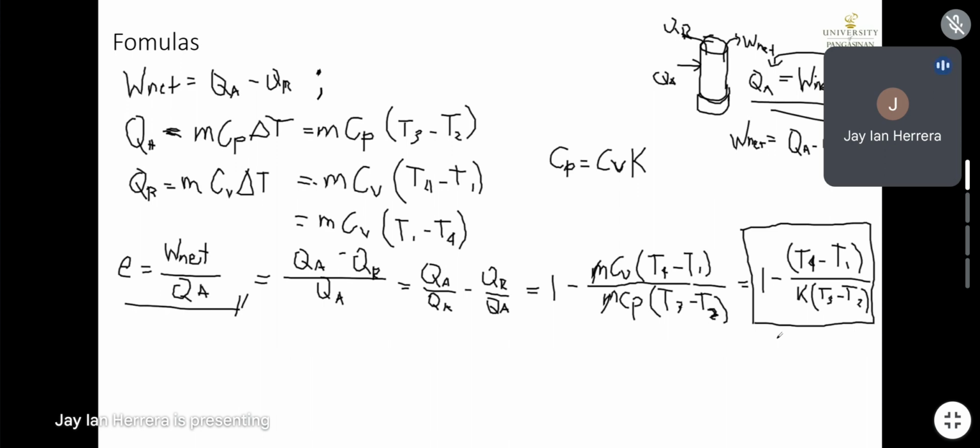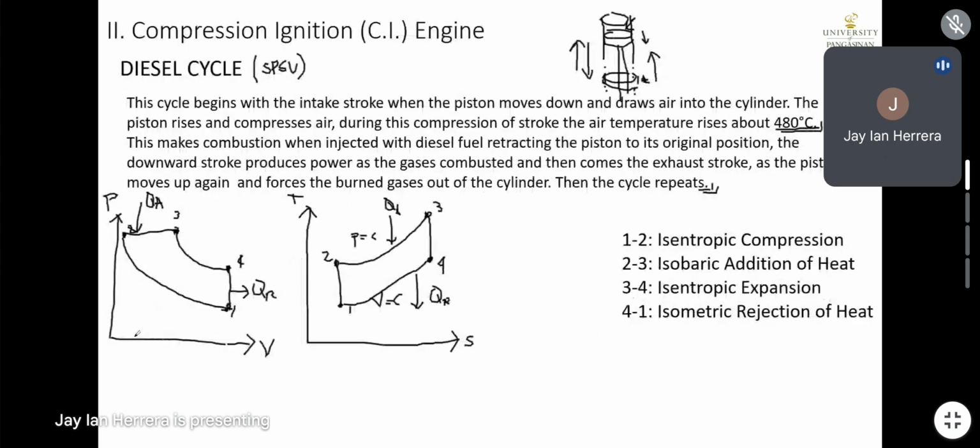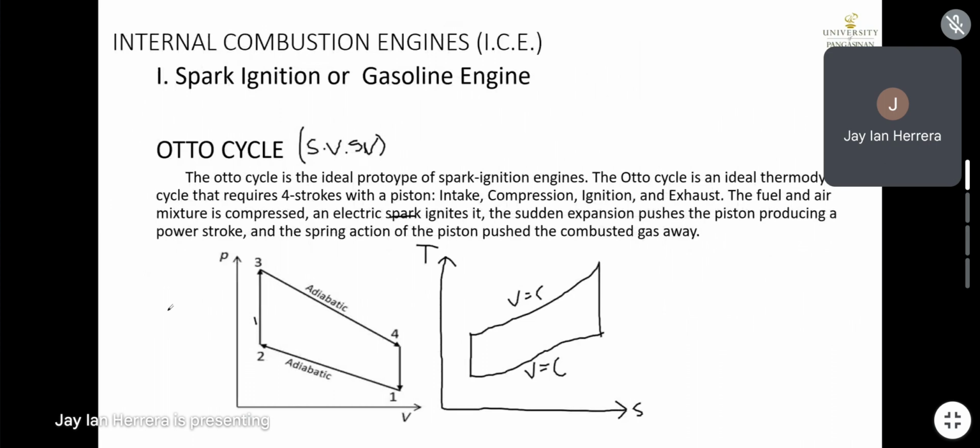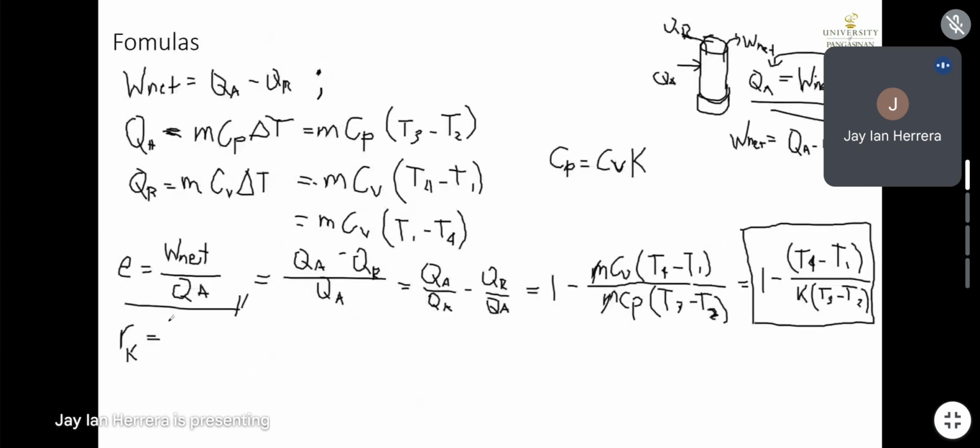What else? Yung mga compression ratio. Alam nyo na yung compression ratio, di ba? The RK. Compression ratio natin is dito nangagaling yung compression sa process 1 to 2. So still ang ating compression ratio is V1 all over V2. Applicable ito sa both auto and diesel, meron lang tayong idadagdag na ratio which is for diesel lang to.